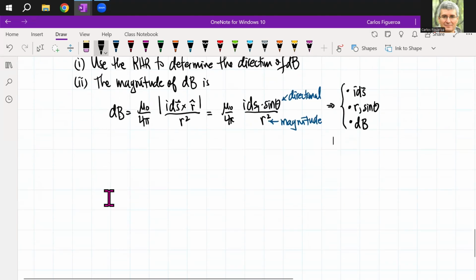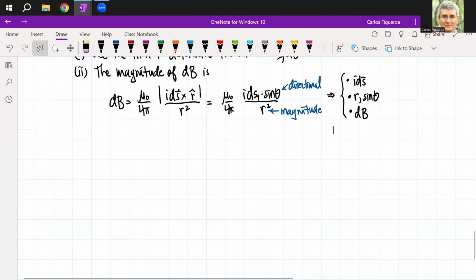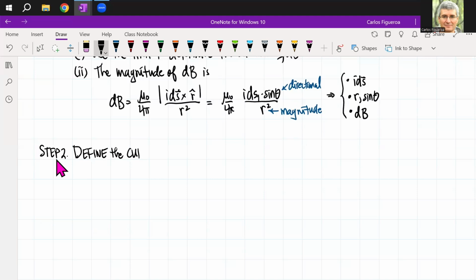So that's where I have to go. Now that we've studied the field, let's go look at the details. Now we're on step 2. We need to define the current segment, the little current segment, I ds.